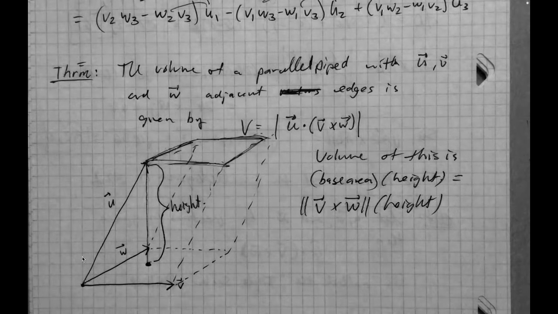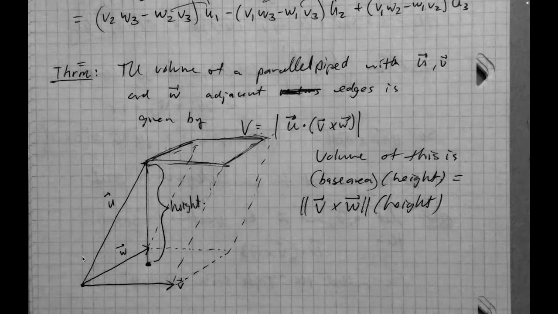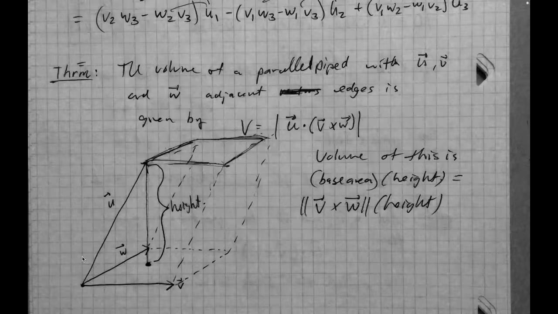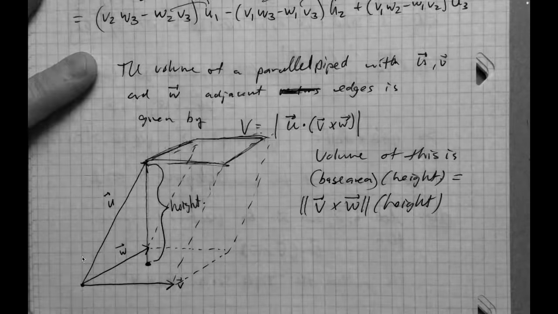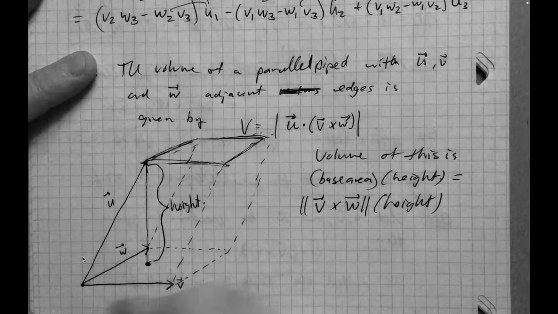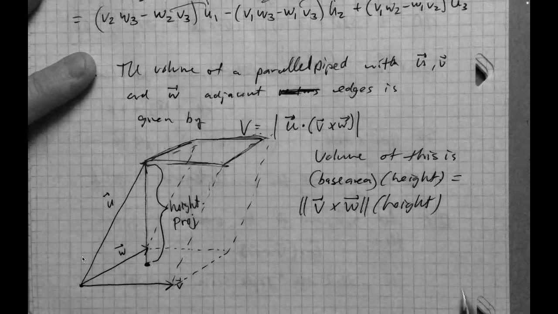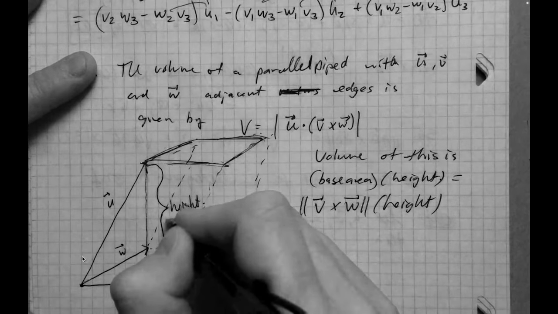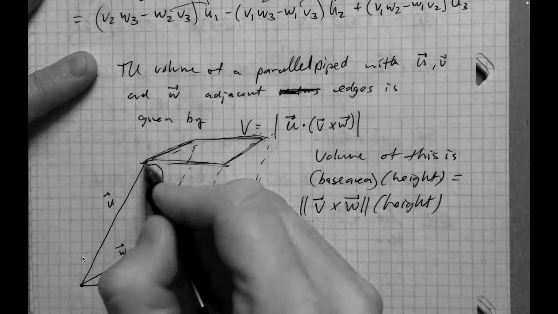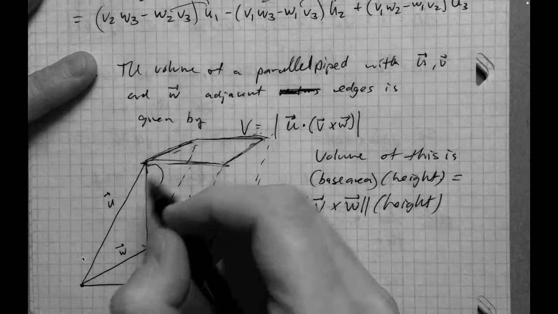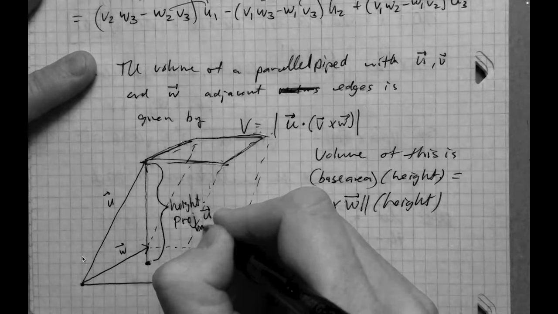But what is that in terms of the vectors U, V, and W? Well, we talked about this last time. This is just the projection. This is not easy to see, so if you're not seeing this, that's okay. This height is just the projection of u onto v cross w, which is this piece down here.